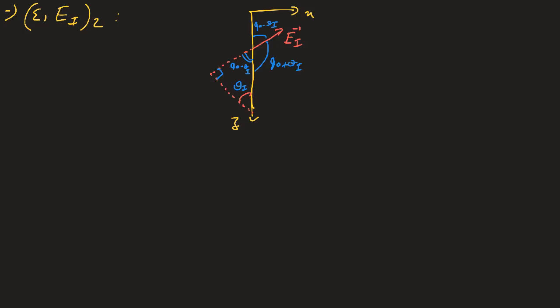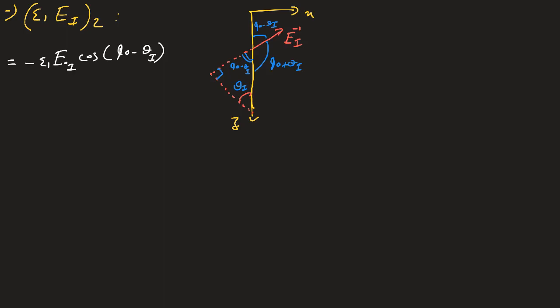So then this becomes equal to minus epsilon 1 E naught incident cosine of 90 minus theta incident.